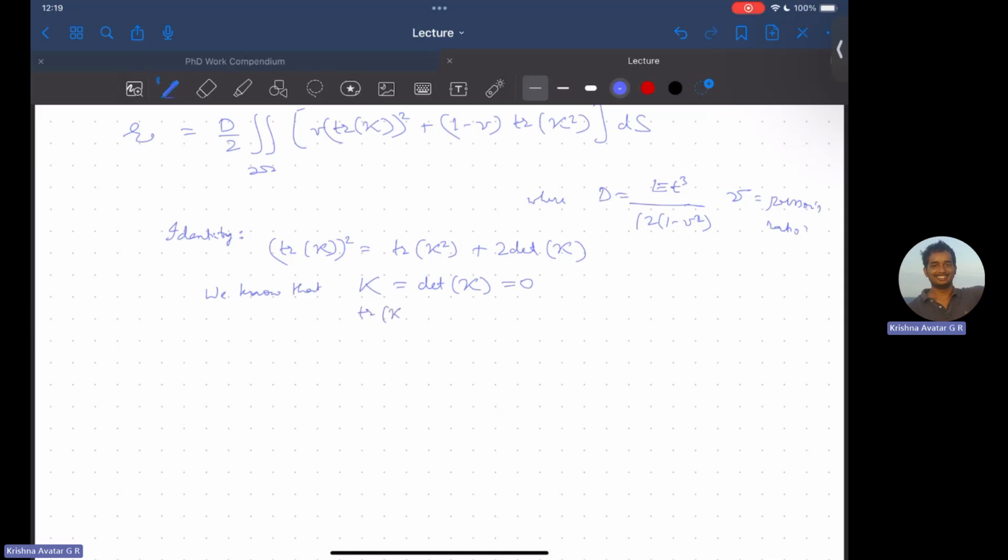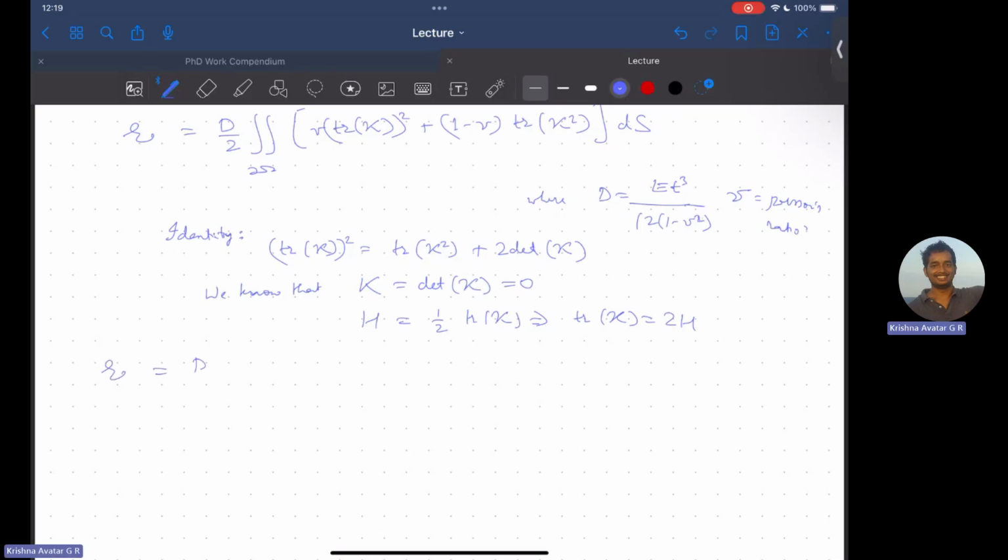And the trace of kappa is the mean curvature, half of trace of kappa. So this implies that trace of kappa is equal to 2h. So far so good.